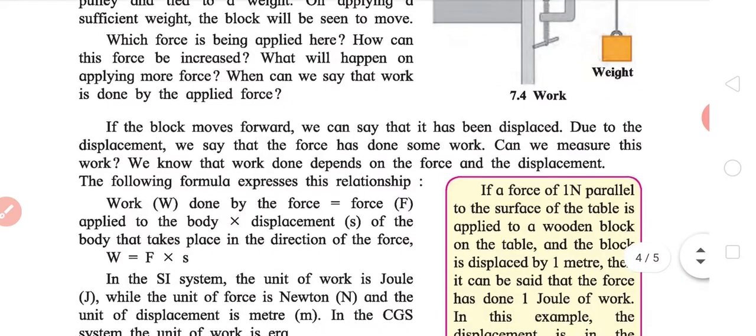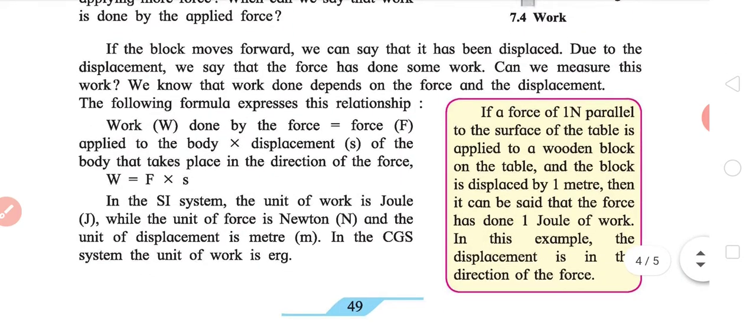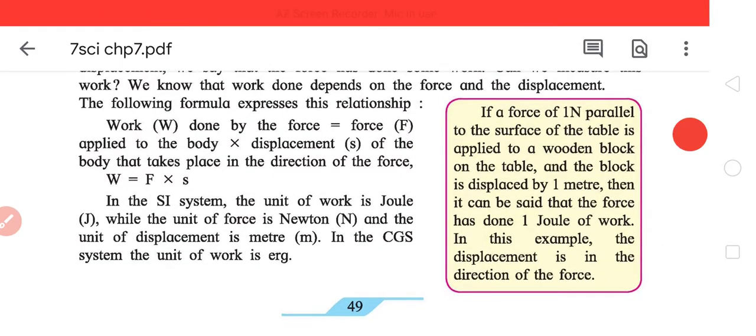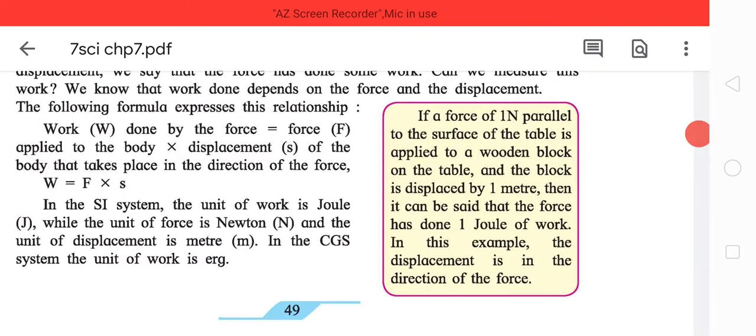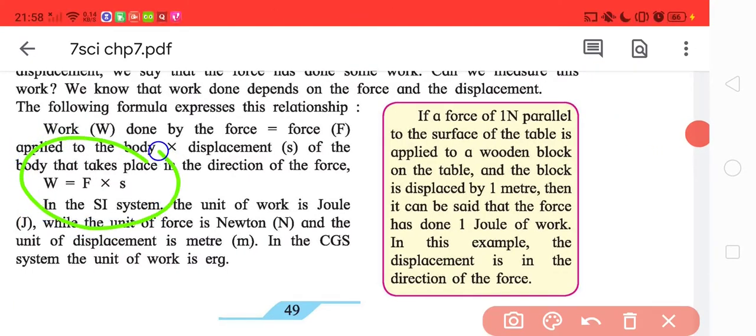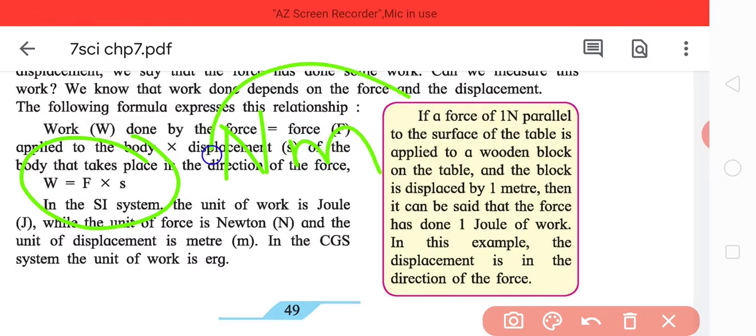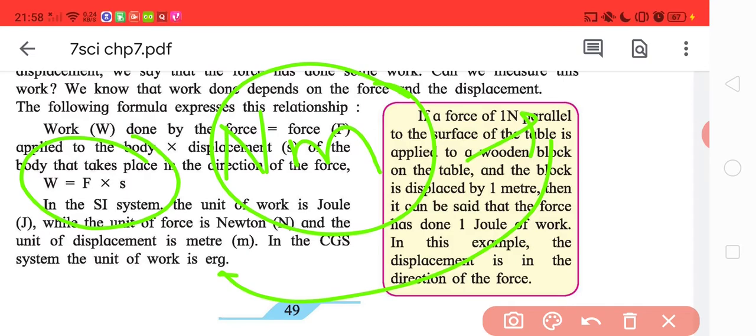Okay, let's see. Work is equal to the force applied to the body times the displacement it produces. The unit of force is Newton, the unit of displacement is meter, so the unit of work is Newton meter. In CGS it is erg.